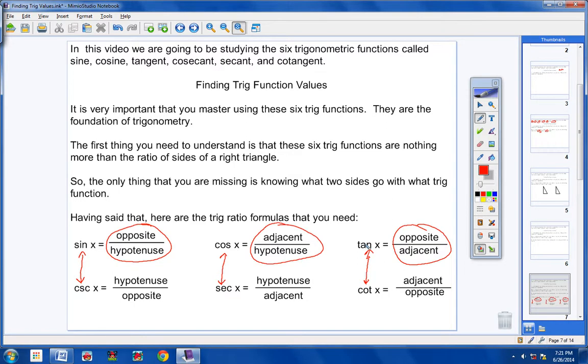The tangent of angle x is opposite over adjacent, and the cotangent of angle x is adjacent over opposite. So please copy all these in your notes, and then we're going to learn to apply these to some problems in just a second, okay? So sine, cosine, tangent, cosecant, secant, cotangent, your 6 trig functions.